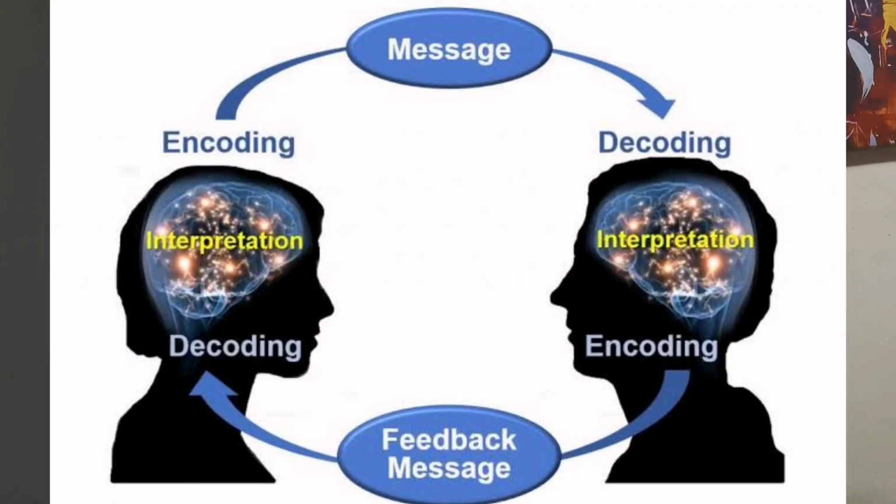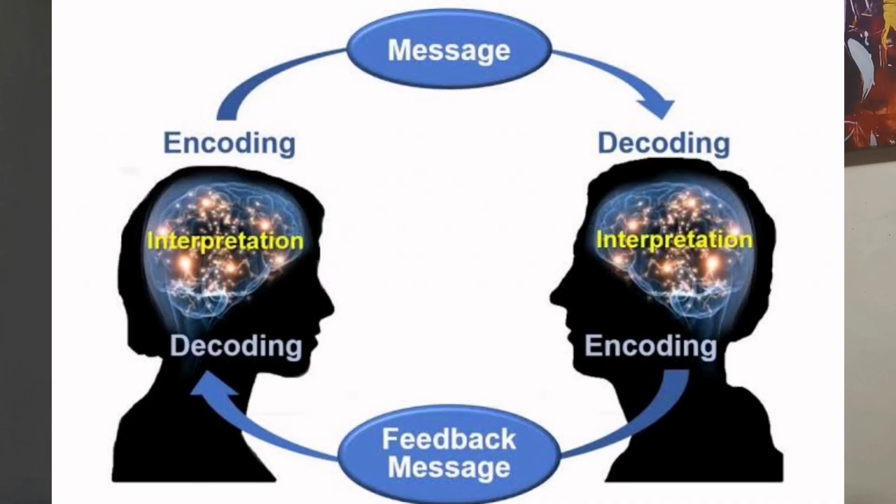Now, let's take a look at the model you now see on your screen, and we call it the Schramm Model. This is one of the most typical models that we actually use when we speak of communication models. So we see here the encoding of the message, of course, that comes from the sender, and the message goes to the receiver.